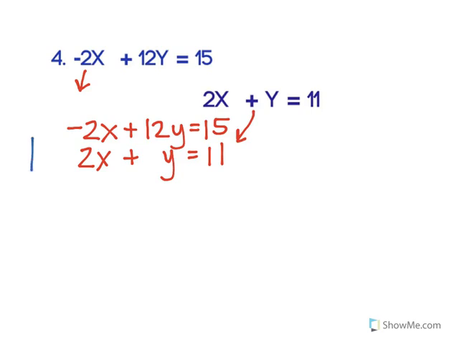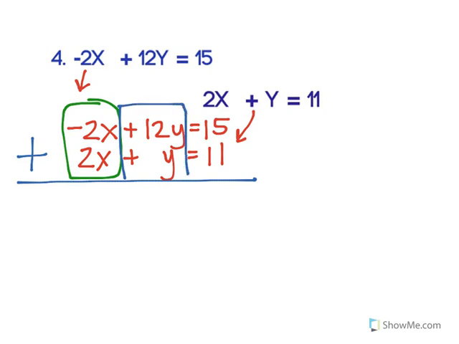I'm going to eliminate these by adding each column. And I'm going to use the sign that's in front of each coefficient to help me add. So negative 2x plus 2x is going to eliminate and leave me with 0.